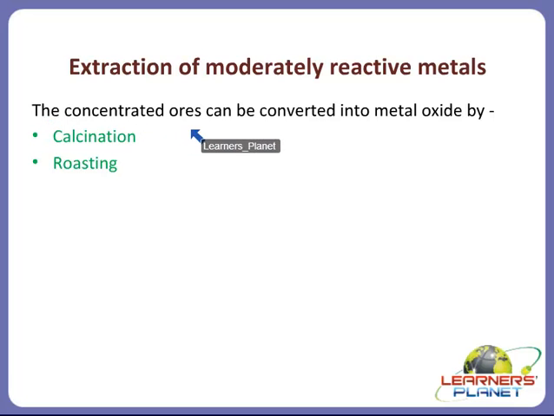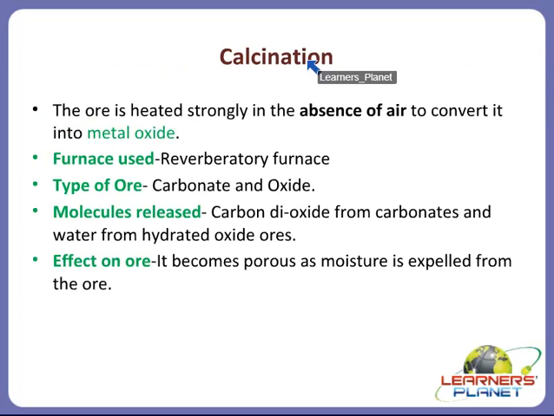The concentrated ores can be converted into metal oxide by two processes, one is calcination and the second one is roasting. Now what is calcination? It is where the ore is heated strongly in the absence of air to convert it into metal oxide.